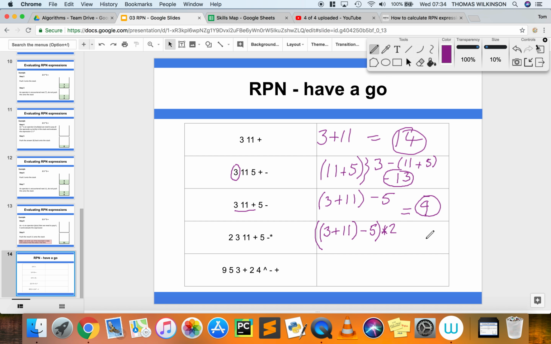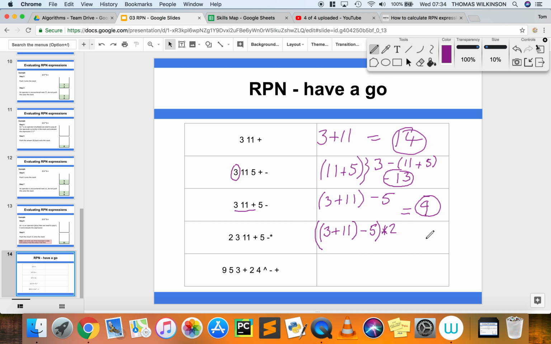So this one's going to be 5 add 3, and then it's going to be subtracting 2 to the power 4, and then that's going to be all added to 9.